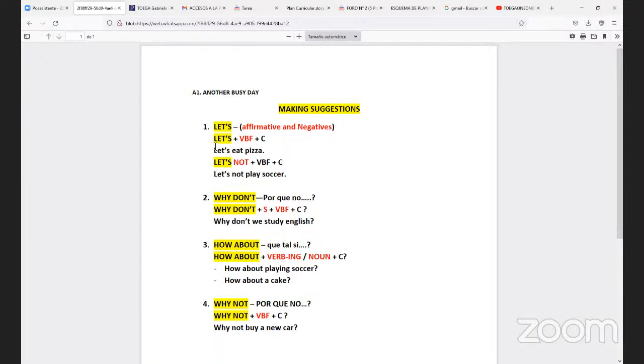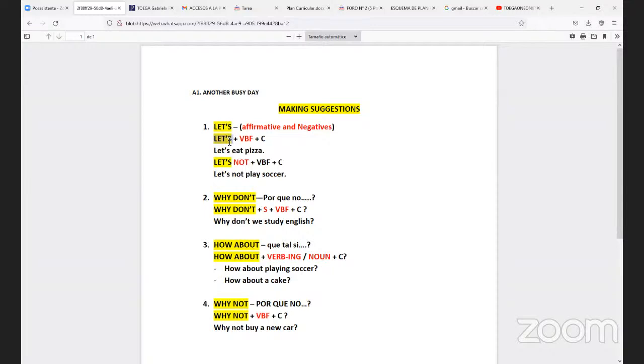Why? Because we are using this auxiliary to make a suggestion for a group of people, so it is irrelevant to put a subject. With let's, it's not important to put a subject.